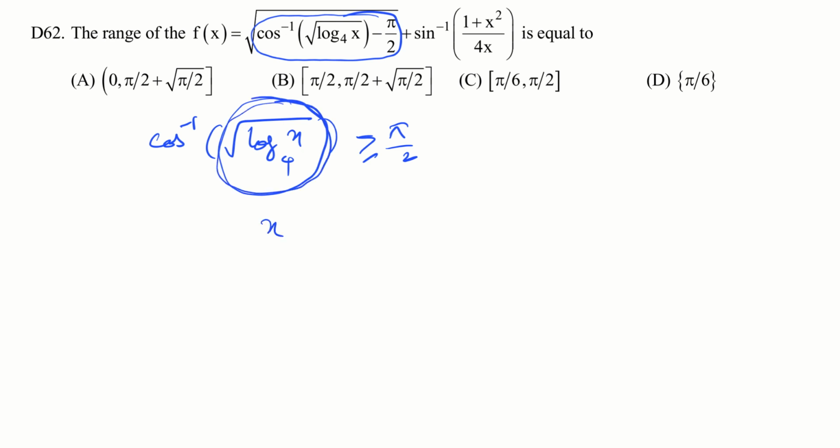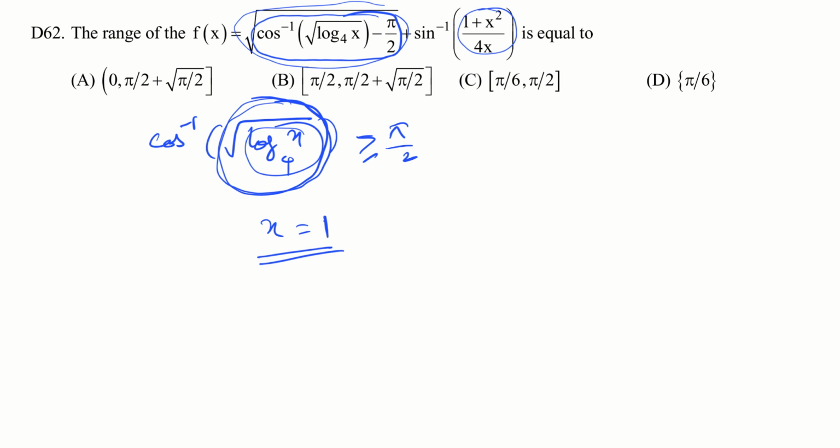That means x must be equal to 1, then only this will be 0. So the only value for which this entire thing is defined is x equal to 1, and obviously for x equal to 1 this part is also defined.